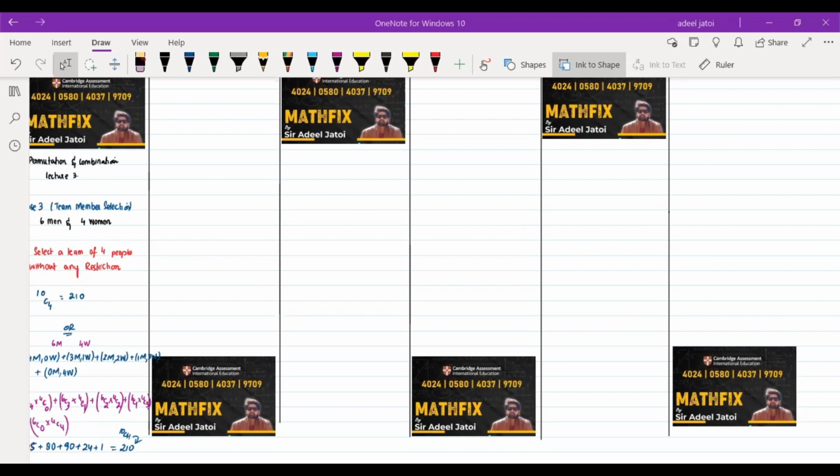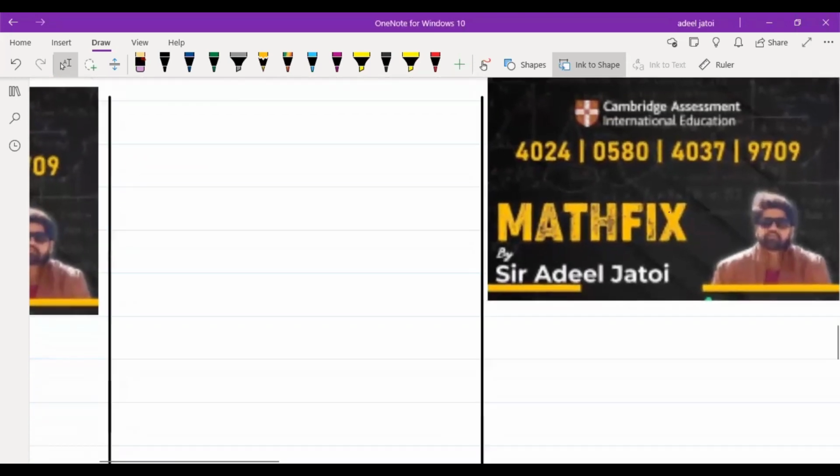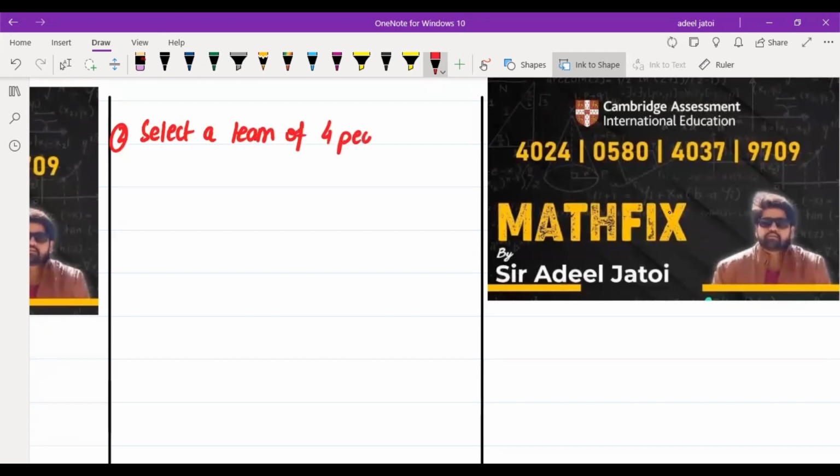Okay, ji. So moving further to the other example of case number 3. Let's say select a team of 4 people which consists of at least one woman.